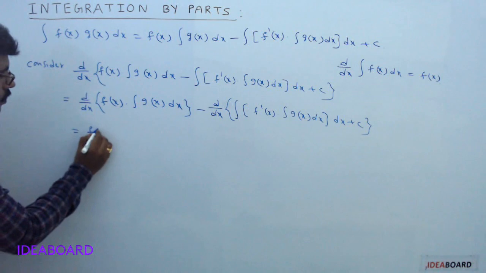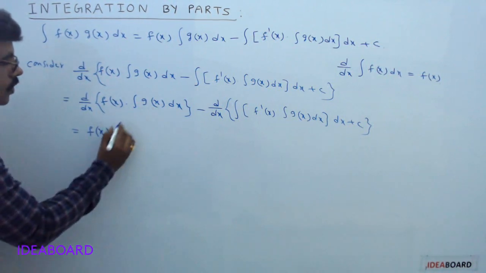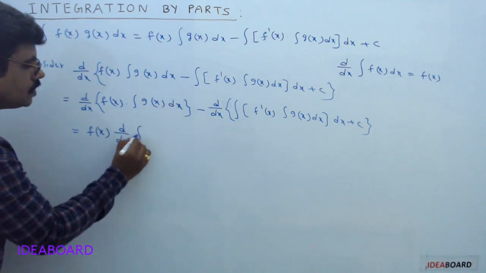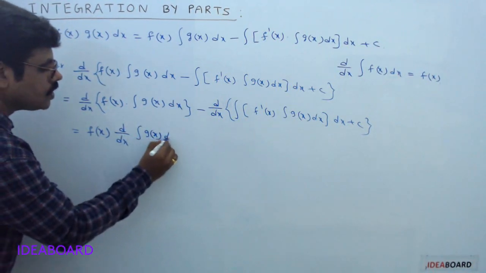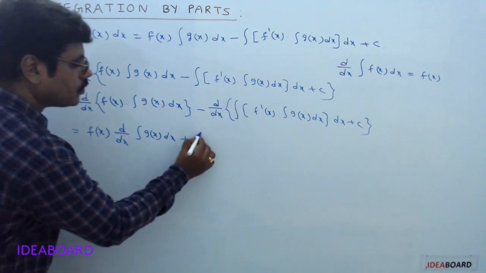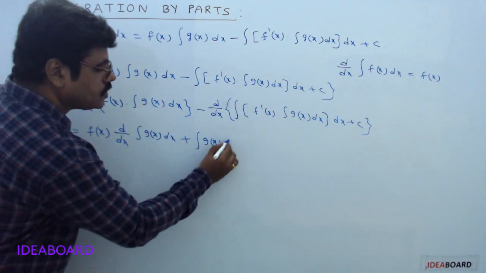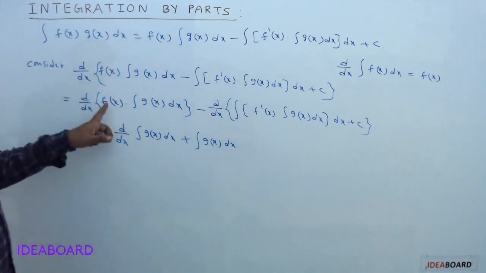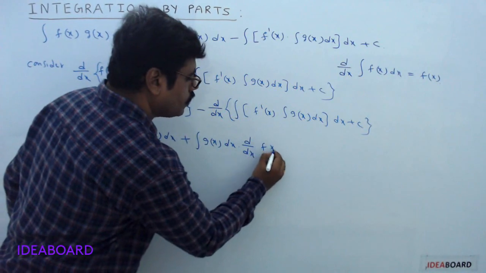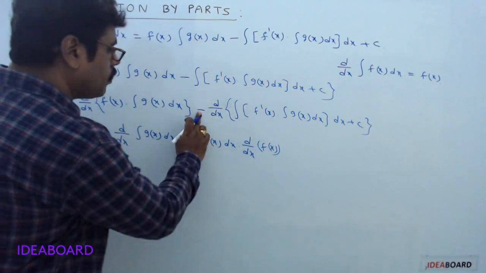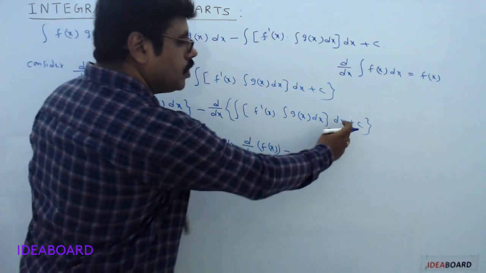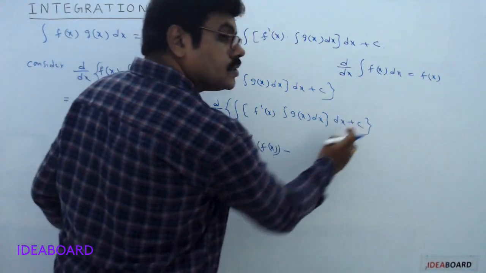First function f of x into derivative of second function, here the second function is integral g of x dx, plus second function, that is integral g of x dx, into derivative of first function, so derivative of f of x.